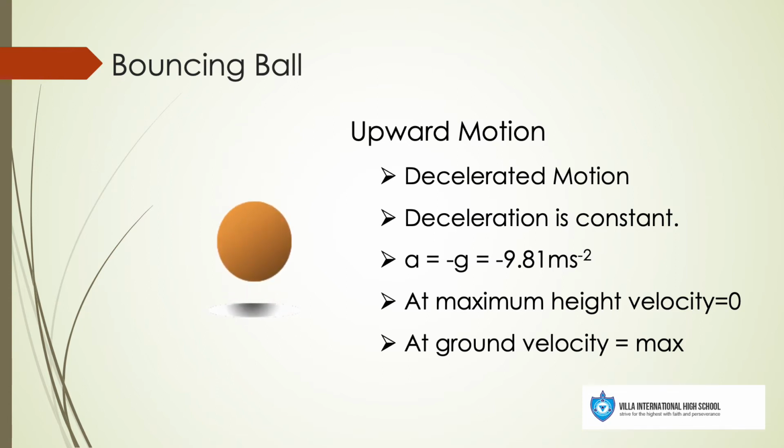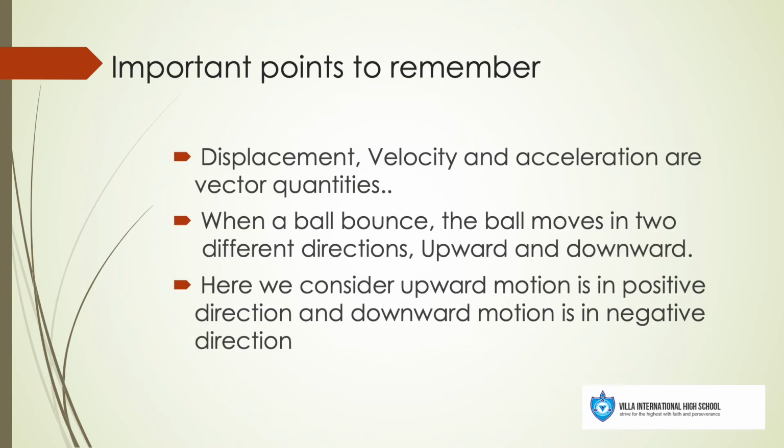So let's see the important points to remember. Displacement, velocity and acceleration are vector quantities. Vector quantity means it has both magnitude and direction, so the direction is very important.